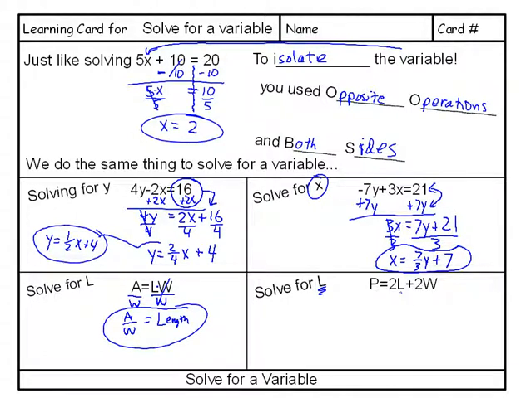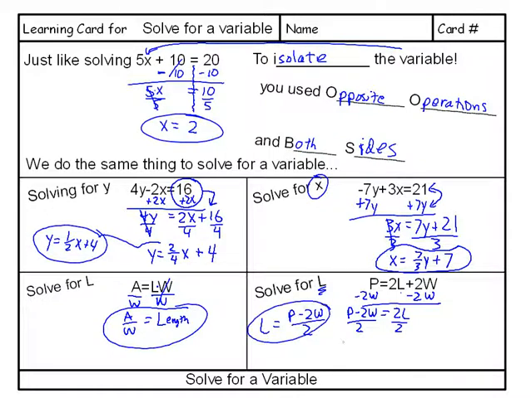Here we want to solve for L. There's L. Let me get this plus 2W onto the other side. So I'm going to subtract 2W from both sides. I get 2L equals P minus 2W, or negative 2W plus P. Then I'm going to divide by 2. I'm dividing both of those by 2. So L equals P minus 2W over 2.